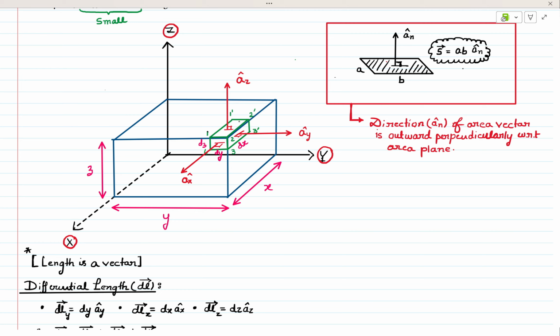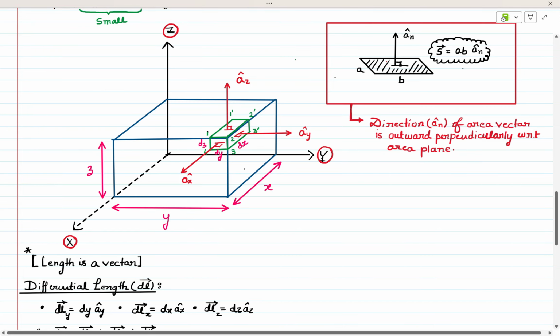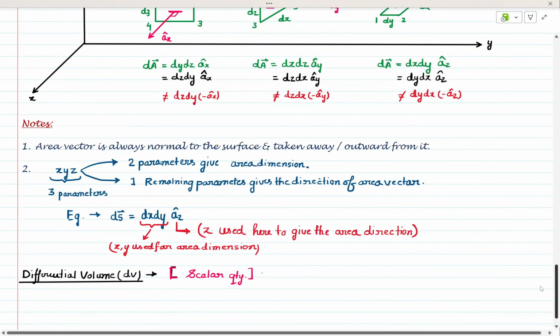Now, what is the volume of the small block? The volume is length, width and height of the differential block. So what is the length? That is dy, width is dx and the height is dz. That means dx, dy and dz will give you the differential volume. That's what I will write over here.